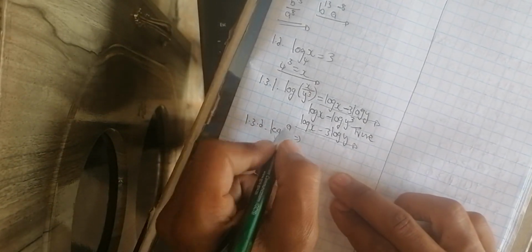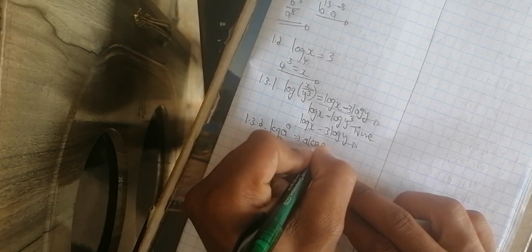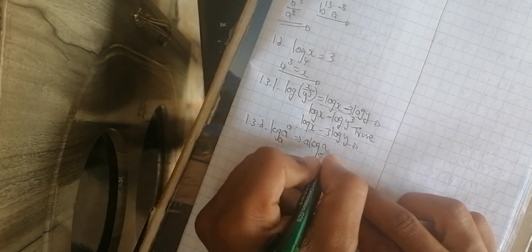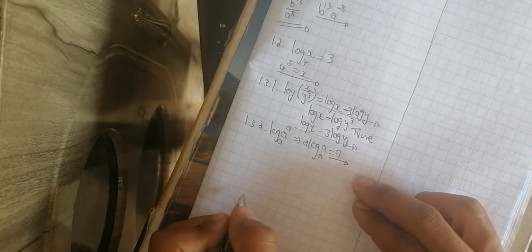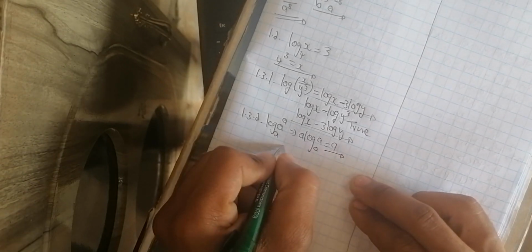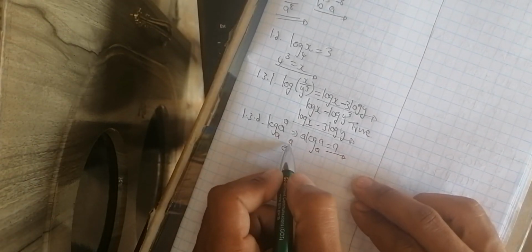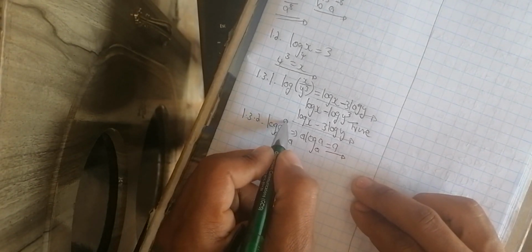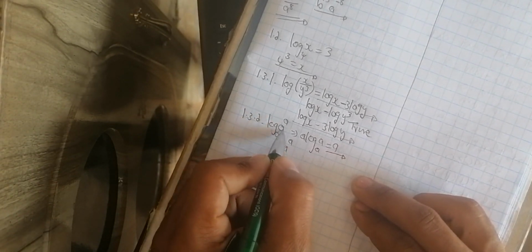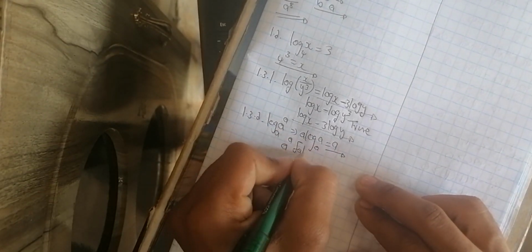Remember what we would do here, take this to the side, a log a, this is 1 times a, which is a. And do they have an answer of a there? No, they don't have it. What they have is this as the final answer, and this is never the final answer, because when you take this to the other side, this is 1 times a is a, so their answer is false.